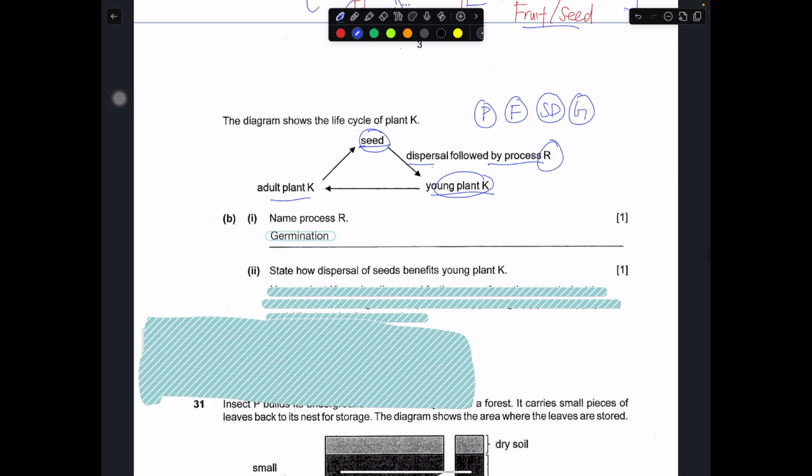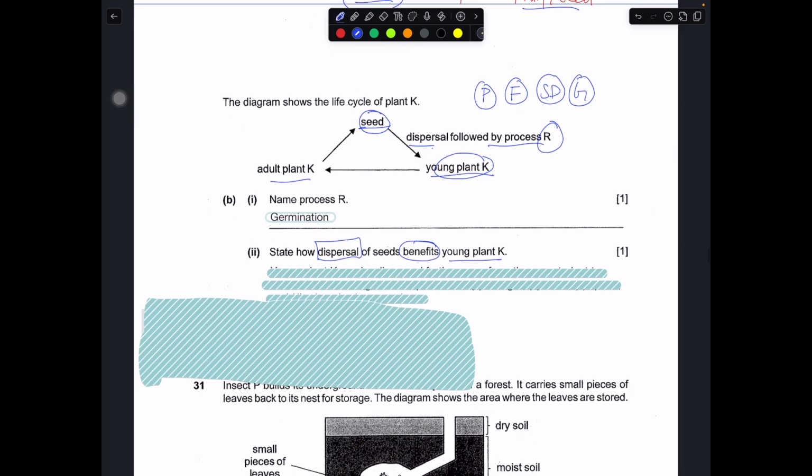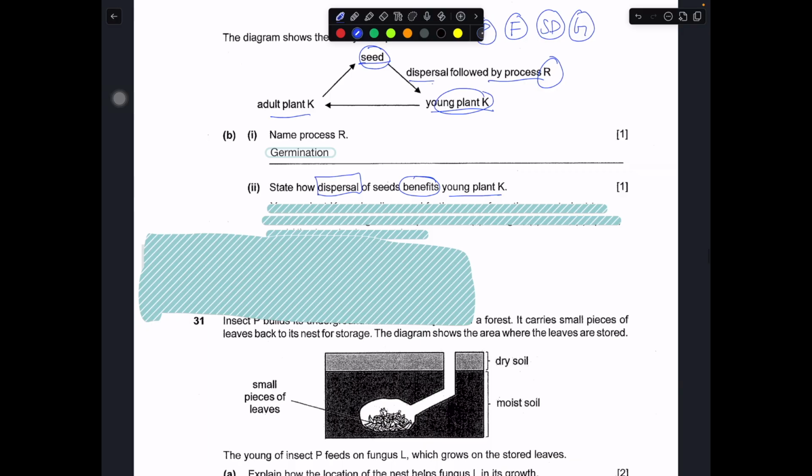Okay. State how dispersal of seed benefits young plant K. So when the seed gets dispersed and finds a place that can germinate, it will be beneficial because this process helps to disperse the seed further away from the parent plant. I'm going to show you a text from the textbook.